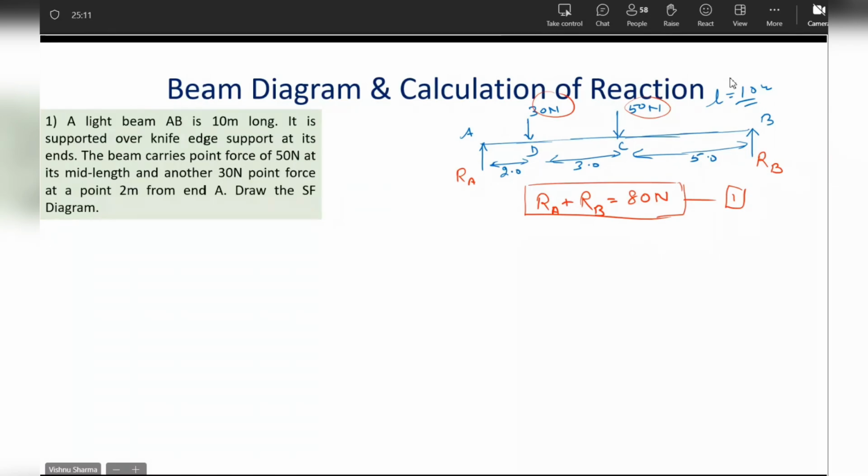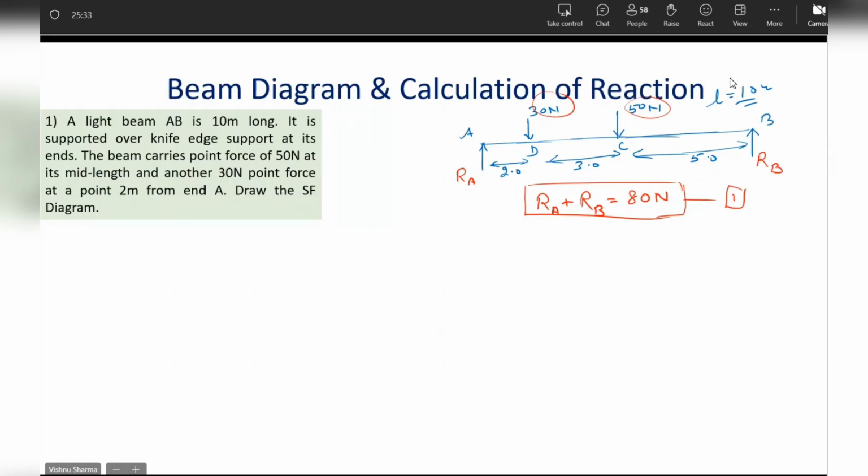The balance weight will come at B, it will offer that much of reaction. So what is the component of RA and what is the component of RB? For doing that, we will take the moments of what? Of these forces, or the weights, or all the forces.